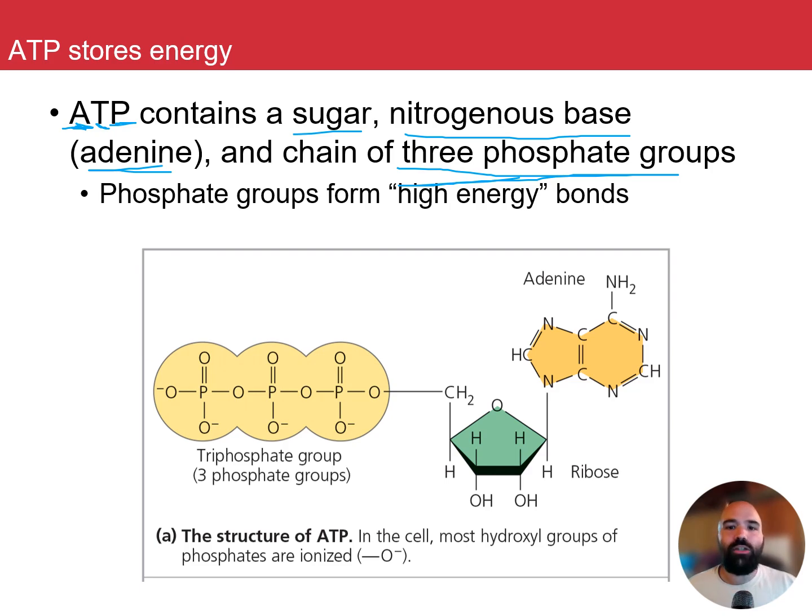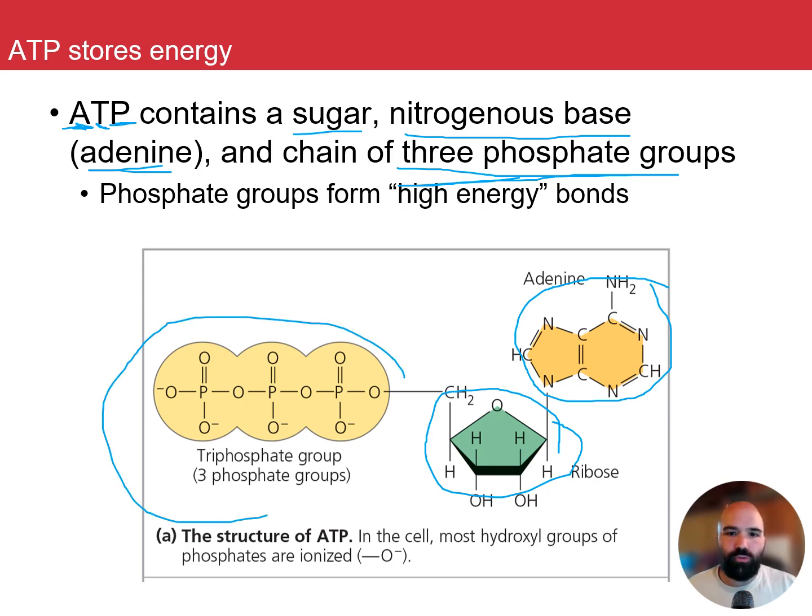So adenosine triphosphate, and that's what you're seeing here, right? Here's our sugar. It is a ribose sugar. So this is RNA. This would be an RNA nucleotide. And then we have our adenine nitrogenous base, the double ring. And then we have 3 phosphate groups.